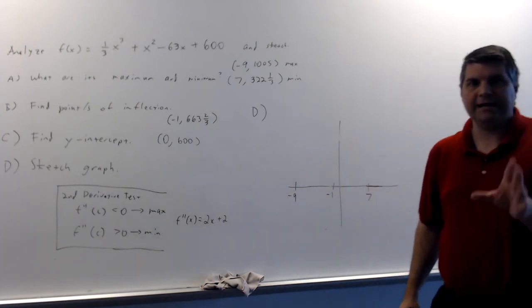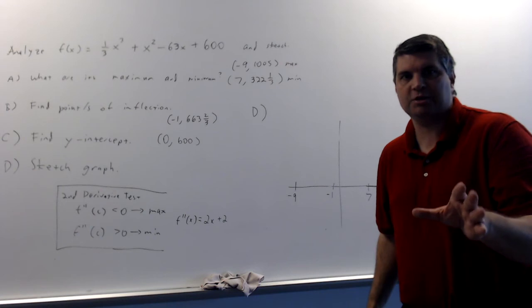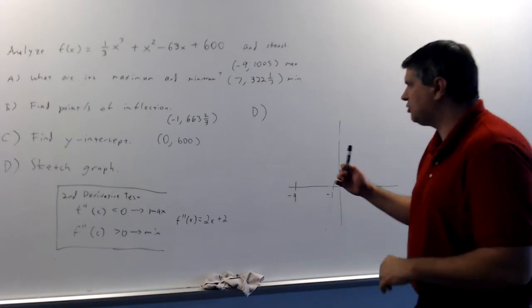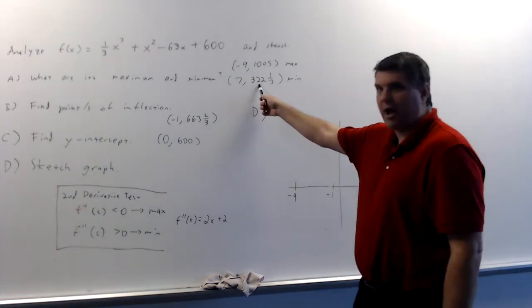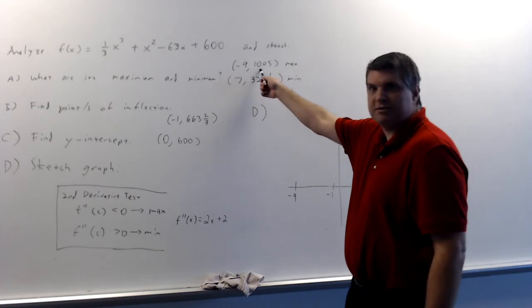All right. Now I need to come up with a vertical scaling that accounts for everything between 300 and something to 1,005.